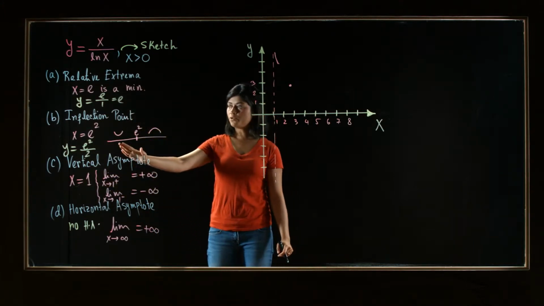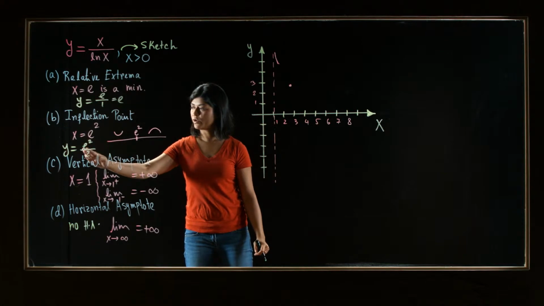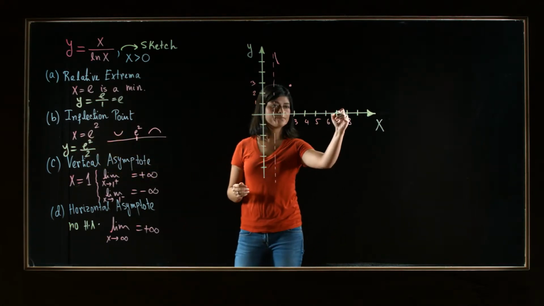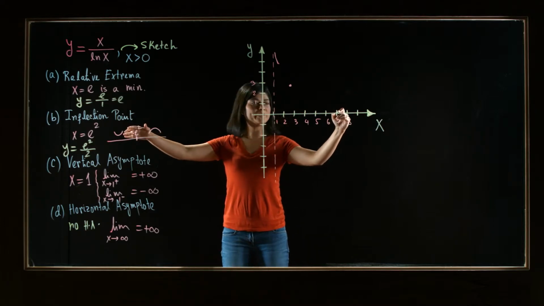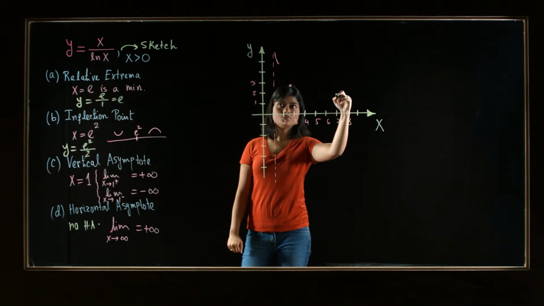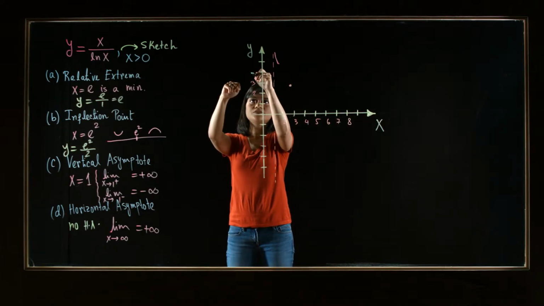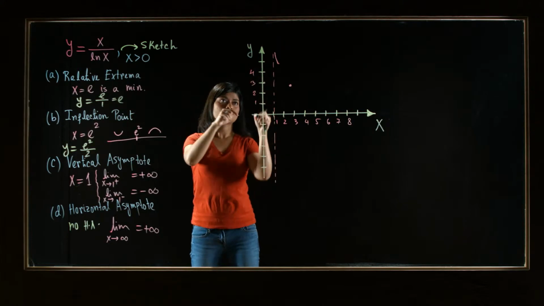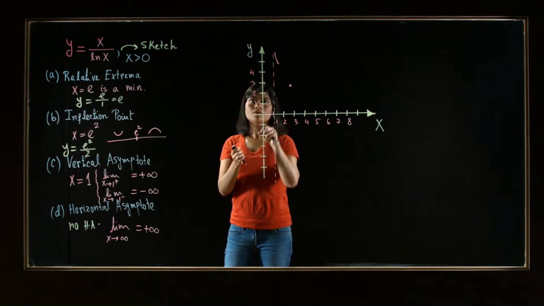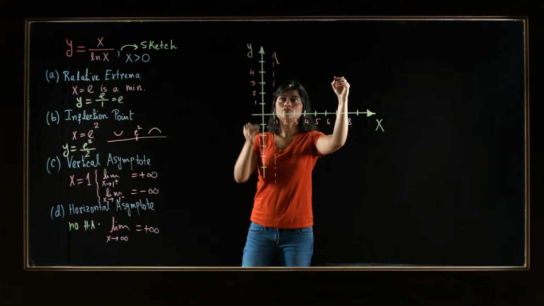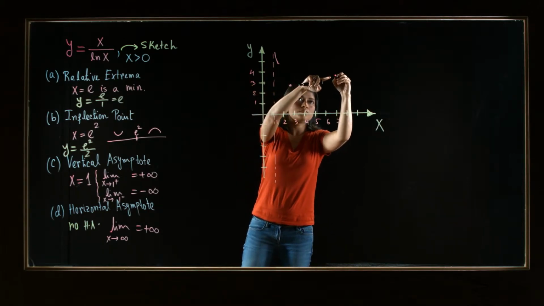So the inflection point is when x is e square and y is e square over 2. Now e square is about 7, and e square over 2 will be about 3.5. So the point will be, here is 3, so here is 4, so the point will be about here.